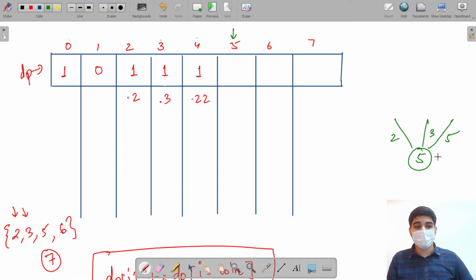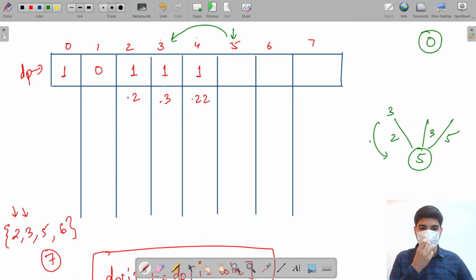When called for 2, 5 will land up at 3, which is 5 minus 2. 3 would say there is one possible way from me till 0, that is, if you attach 2 at the end of all of my permutations. So what we would have over here is 0, 3, 2. This would give me one possible permutation.